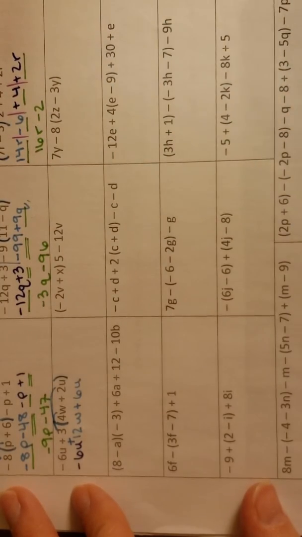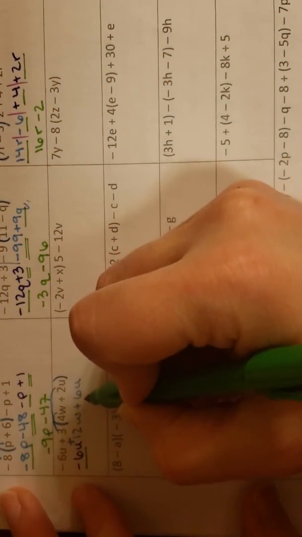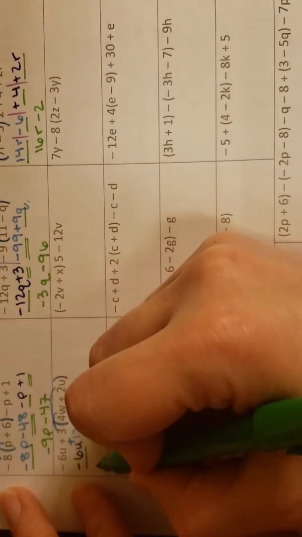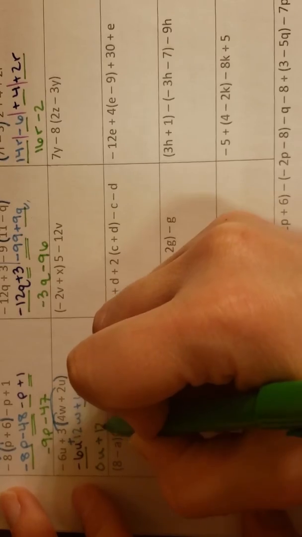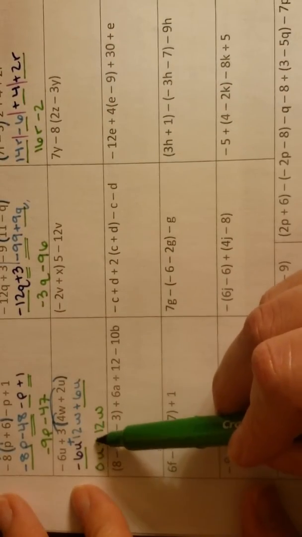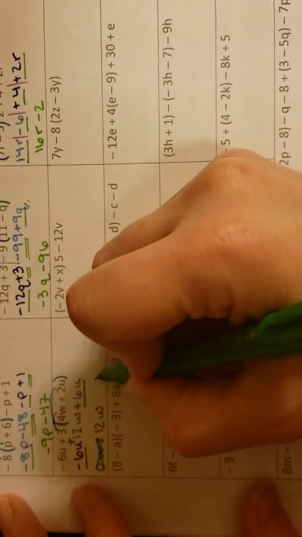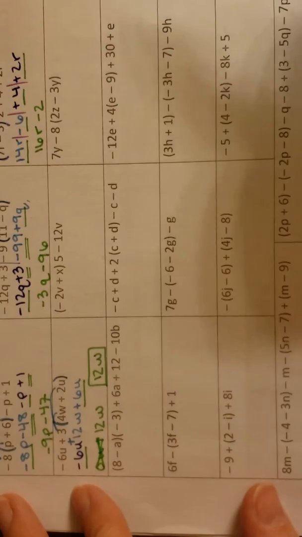And then U's come before W, I think, U, V, W, yep. So -6 and +6, that's 0. And positive 12W. But we don't need this 0 anything. We can just keep the 12W. And that's good enough.